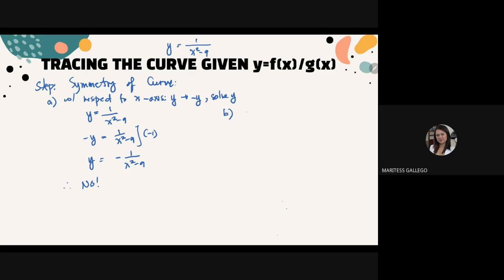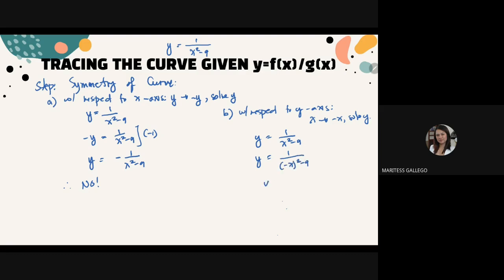How about letter B? Letter B is with respect to your y-axis. So, meaning we replace now x by negative x and then solve for y. So that is with respect to y-axis. So from the given function, y is equal to 1 over x squared minus 9, palitan natin si x ng negative.